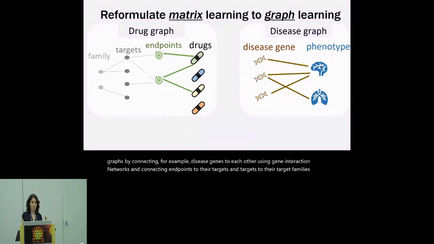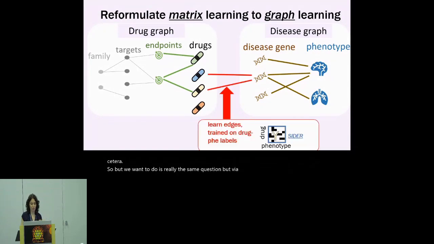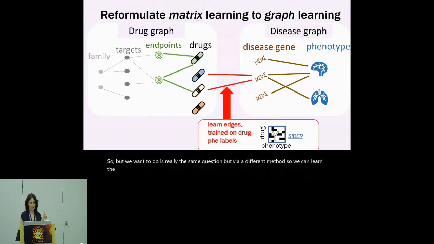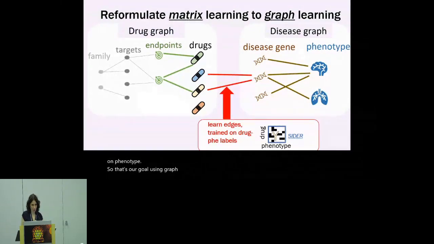But what we want to do is really the same question, but via a different method. So we can learn the edges connecting drugs to disease genes that can be fitted to predict, again, drugs' effects on phenotypes. So that's our goal using graph attention networks that we're working on right now.